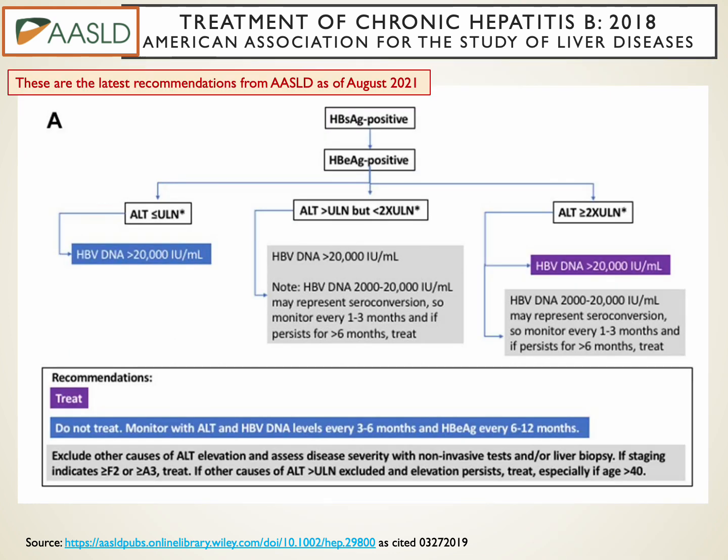And finally, the next two slides for Hep B look at our management strategies for someone who is surface antigen positive, and what we then look at based on whether their liver function tests are within the upper range of normal, or 2 times or more than 2 times above the upper range of normal.